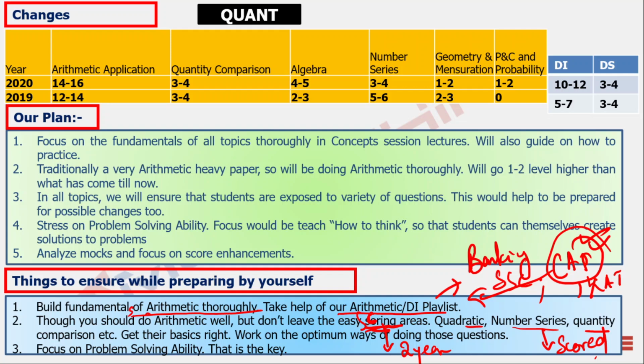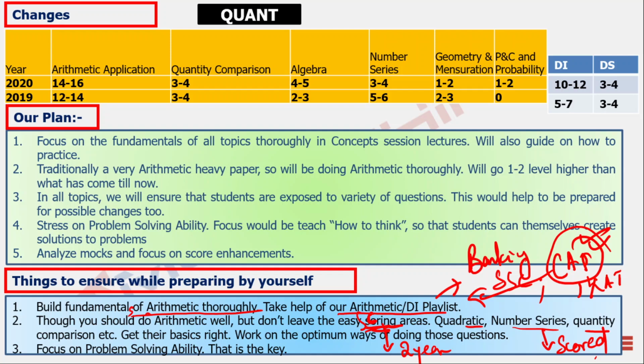Work on the optimum ways of doing those questions. One thing, understand that only speed is not necessary. As I told you, if the questions are difficult, then everyone would be taking more time to solve them. And so your identification of the nature of the question is also important. A lot of people who are preparing do not have any idea how a difficult question looks, how an easy question looks, until and unless they have tried and solved that question.